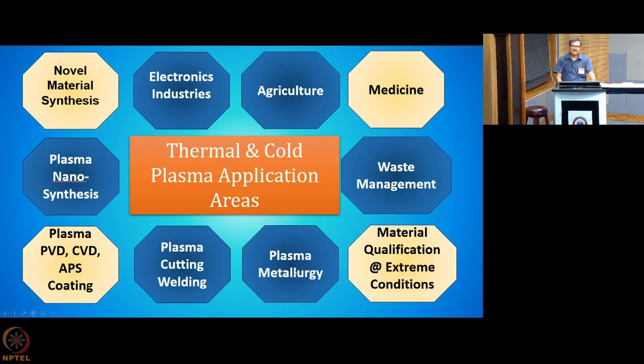These on the right side are some of the most recent applications of thermal and cold plasma. Of course, novel material synthesis is expanding like anything nowadays, because plasma is acting as a magical tool for getting newer and newer types of materials.